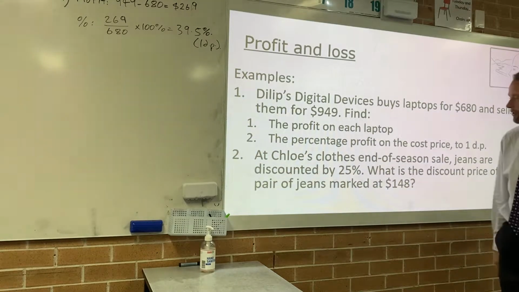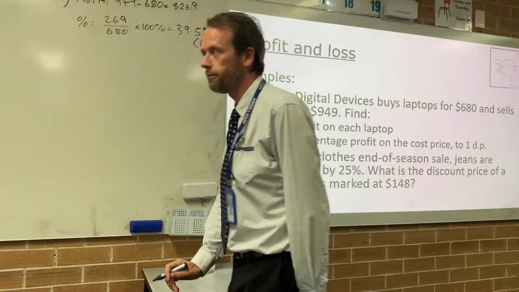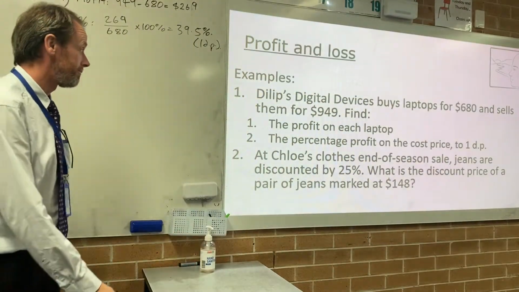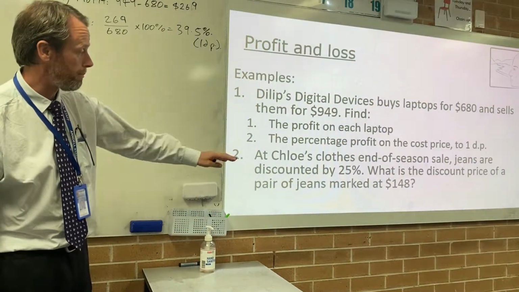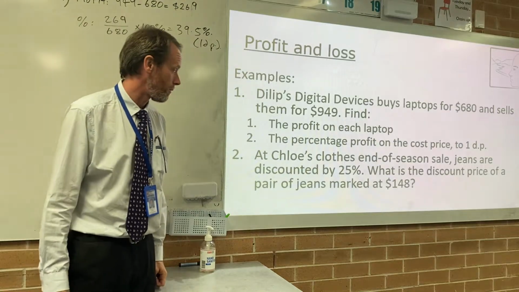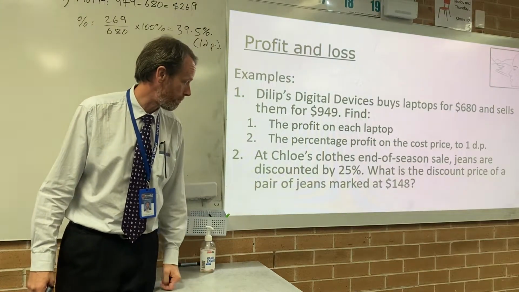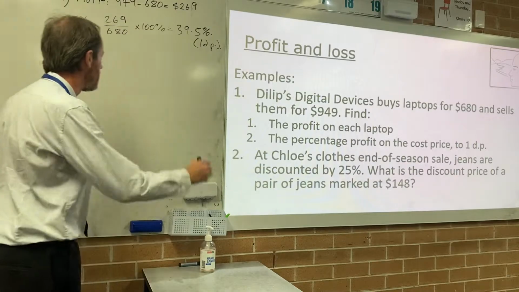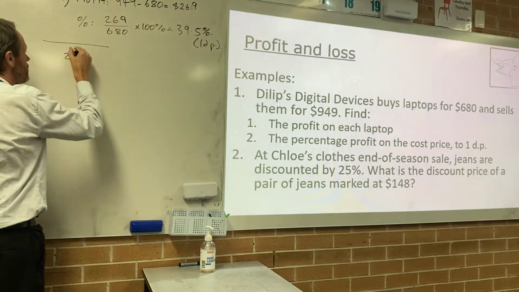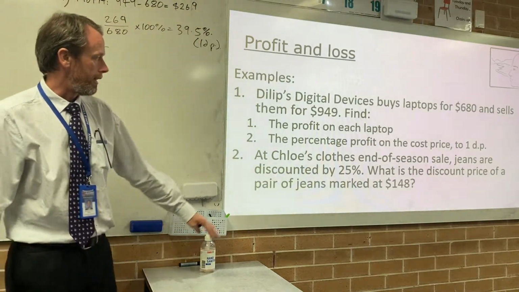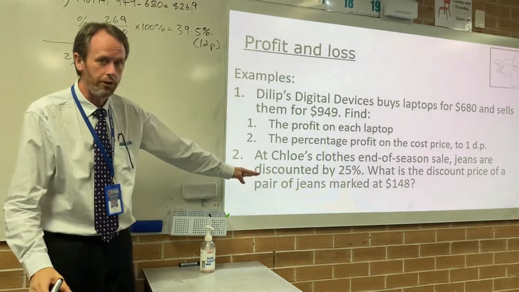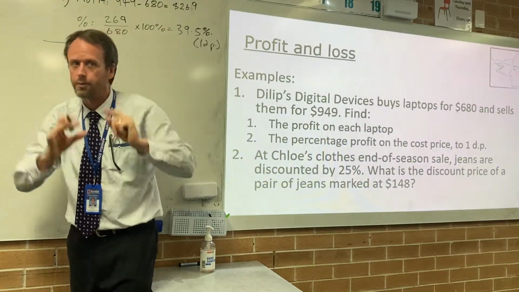Chloe's Clothes, end of season sale, jeans are discounted by 25%. What is the discount price of a pair of jeans marked at $148? So this is question 2. It's an end of season sale, and often you find that you go in and it says 25% off.